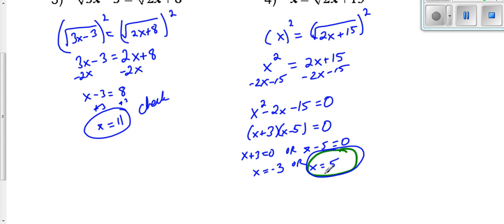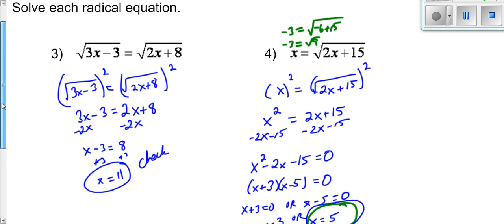Now you can write that. You can write negative 3 doesn't check. And that can happen because negative 3 squared is 9, but negative 3 is not the square root of 9. So only the x equals 5 is a true solution.